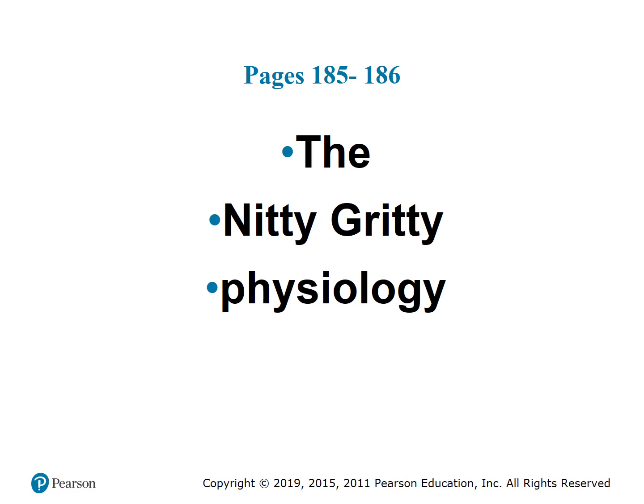Now, on page 185 and 186 of the textbook, there is a description of what the actual death process is like when you are what they call actively dying. The lady on the veranda with the tea wearing her nice leather shoes is elderly.